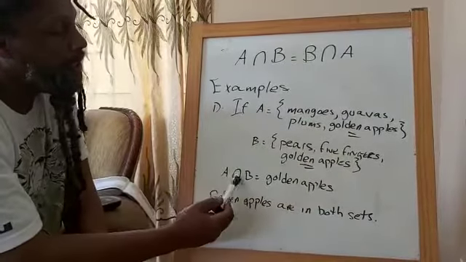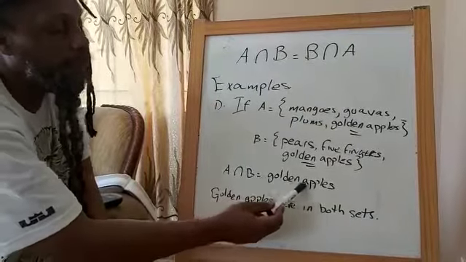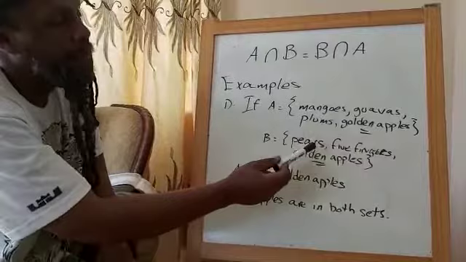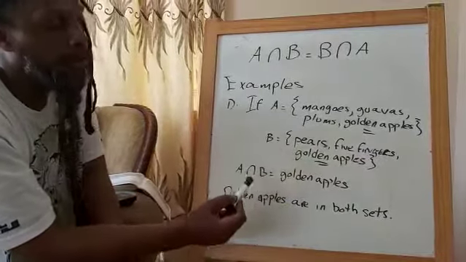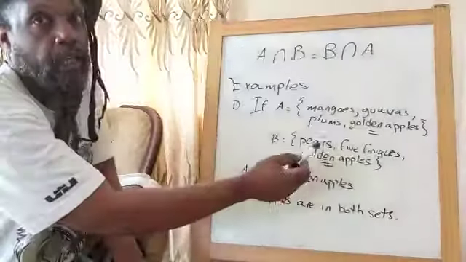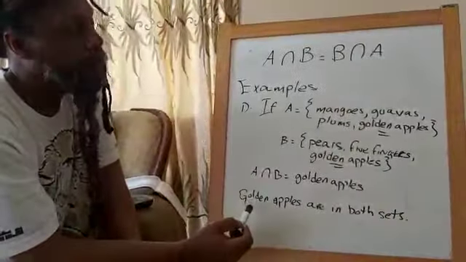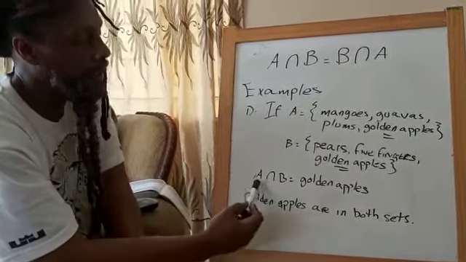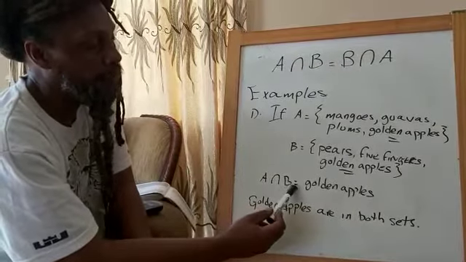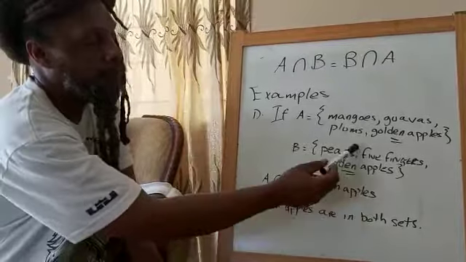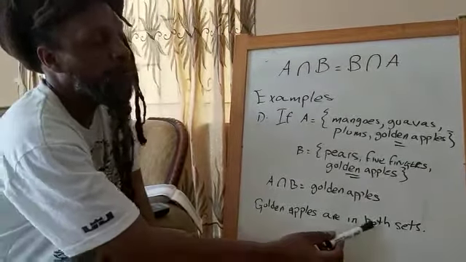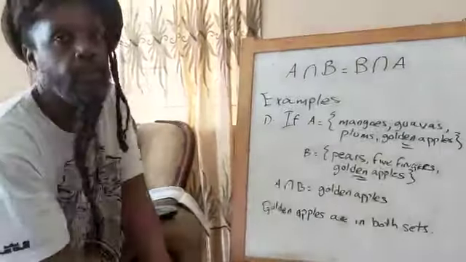So A intersect B would be equal to the golden apples. The intersection would be the item or the thing that appears in both sets. So as you see here, A intersecting B would be equal to the golden apples, because golden apples are in both sets.